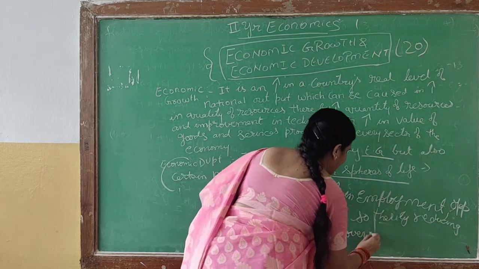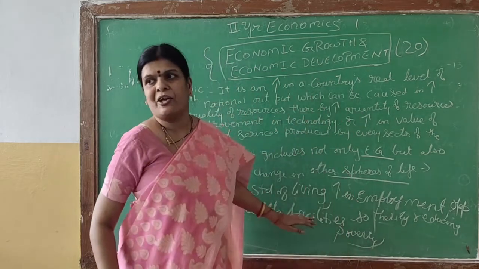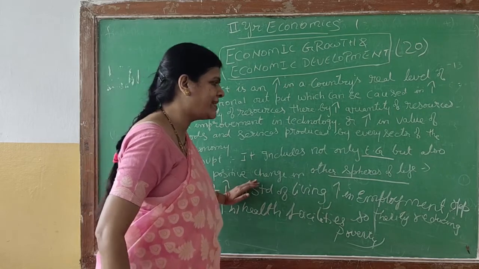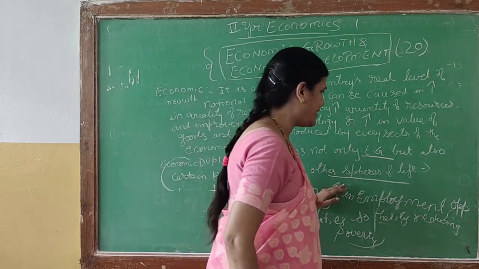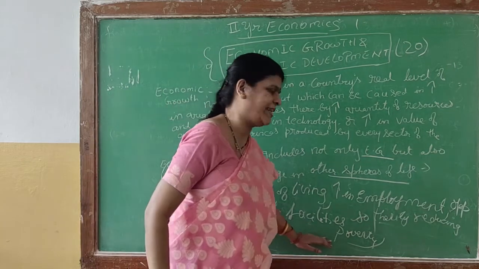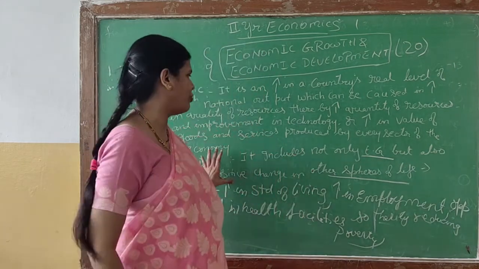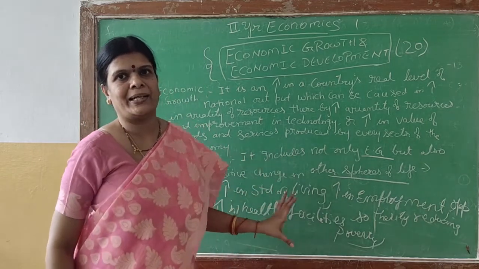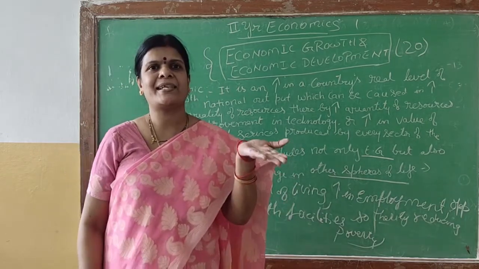The main aspect is reducing poverty. When there is a decrease in poverty, there will be increase in standard of living, increase in employment opportunities, increase in health facilities. That is the main aspect of economic development.